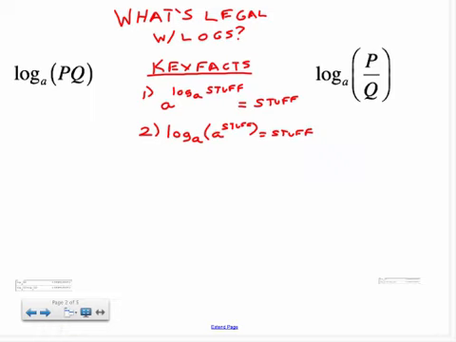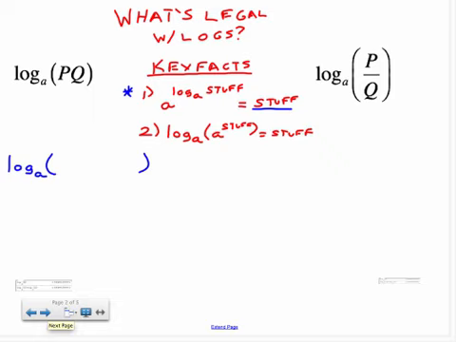Okay, so let's look at log base a of p times q. And what I'm going to do is use property number one here to rewrite p and to rewrite q. So log base a of p times q can be rewritten by transforming p and q into something else. By this equation, p is going to act like the stuff. So p is the same as a to the log base a of p.